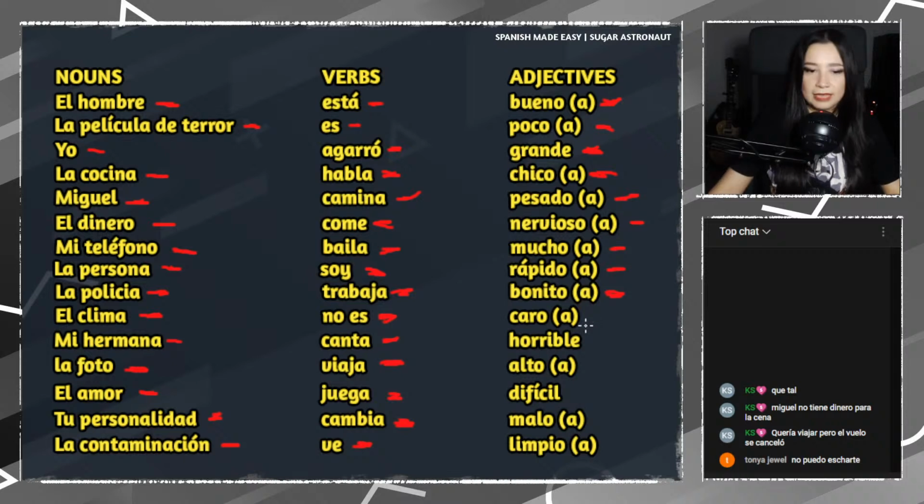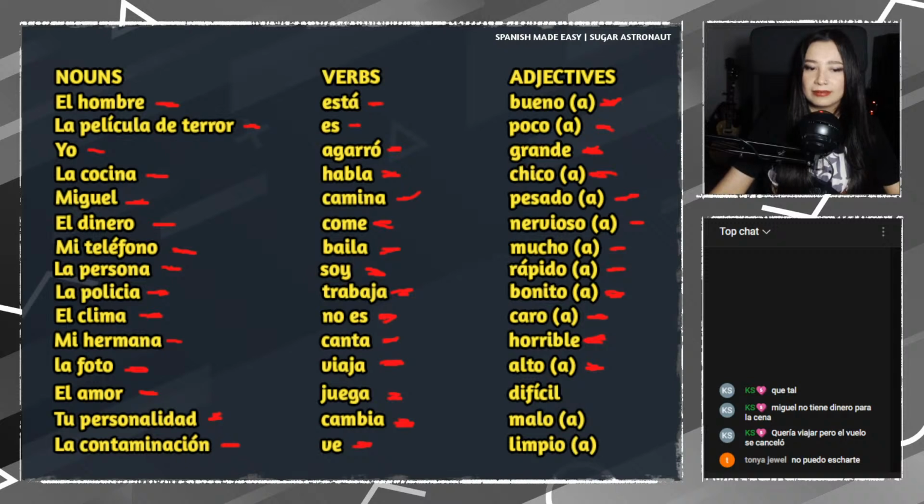Yeah, that's pretty much the meaning. Caro, expensive. Horrible. Horrible doesn't have a grammatical gender, so you can use it with feminine and masculine nouns. That's why we don't have the letter A next to it. Horrible means ugly, horrible, okay? Same spelling as horrible.